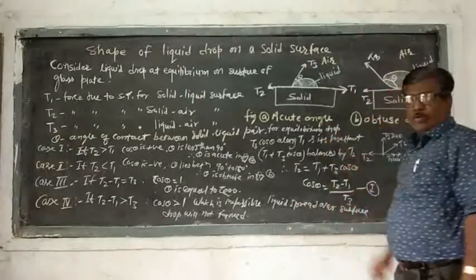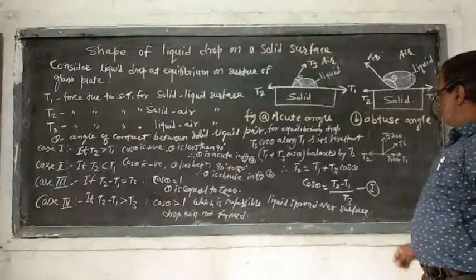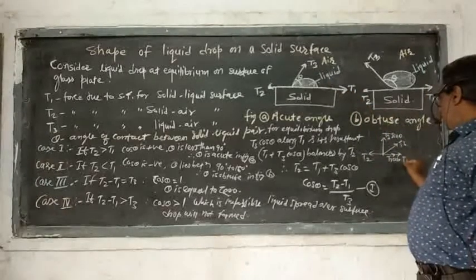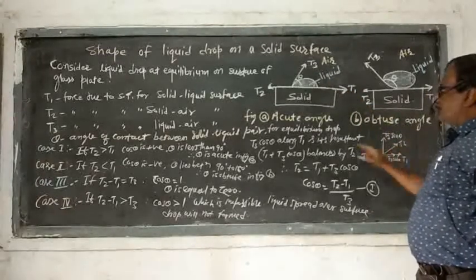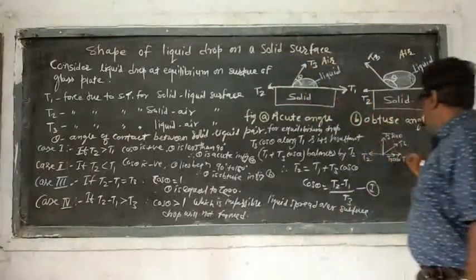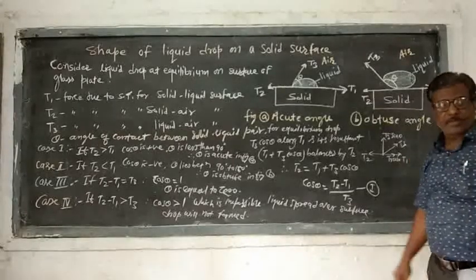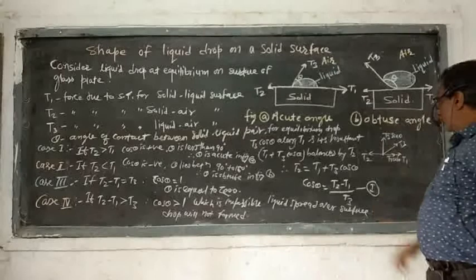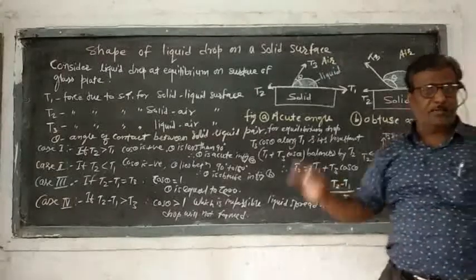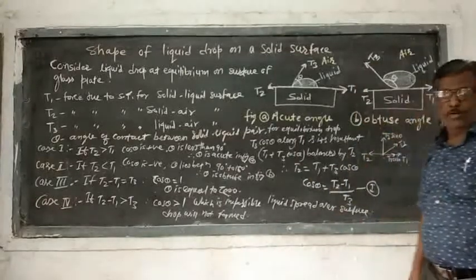For equilibrium of drop, when the drop is in equilibrium position, this diagram can be drawn here. So this is T1, T2 and T3. Now this T3 force can be resolved into two components. Number one, T3 cos theta is the horizontal component and T3 sin theta is the vertical component.